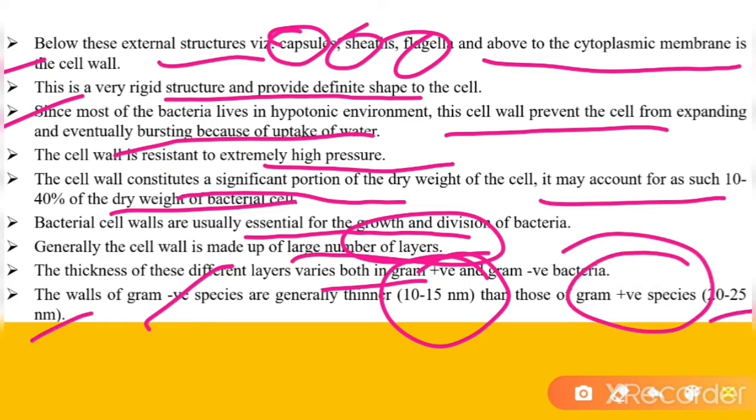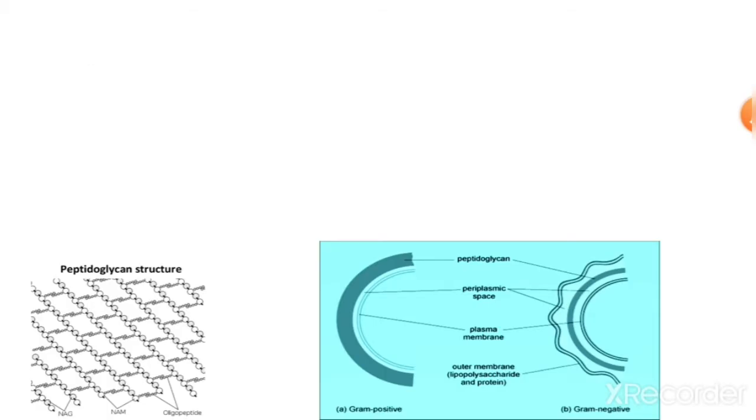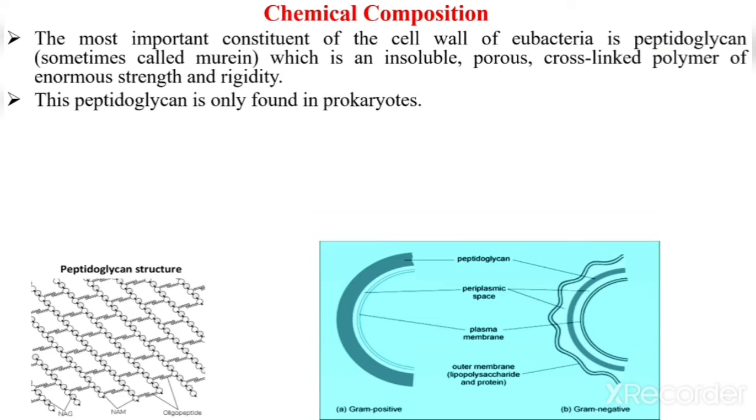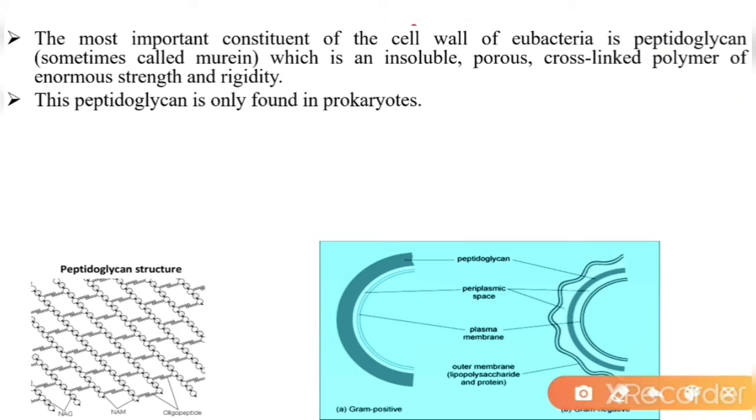Let's see the next point, the chemical composition of the cell wall. The most important constituent of the cell wall of eubacteria is peptidoglycan, which is sometimes called murein. It is an insoluble, porous, cross-linked polymer of enormous length and rigidity.